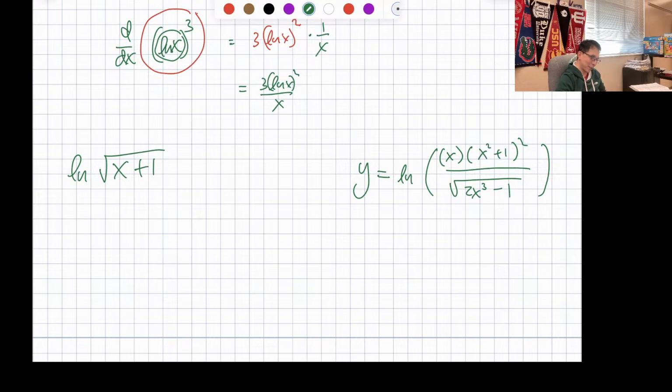So I'm gonna find d over dx. Yes, I'm gonna take a derivative of this one. So think algebra before you think calculus, because the algebra is gonna make a problem a lot easier rather than a lot harder.